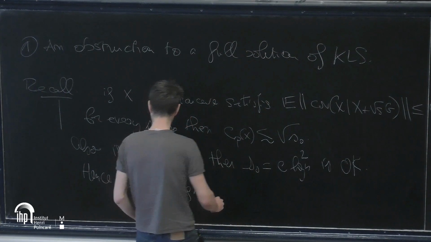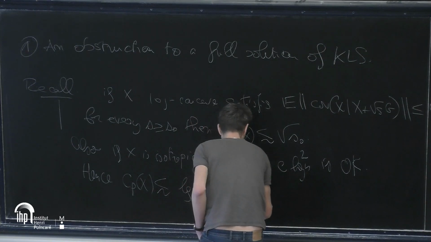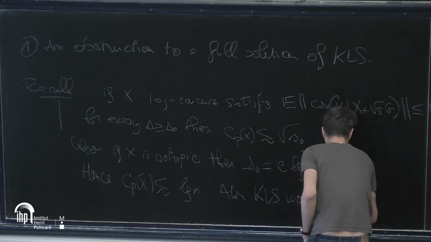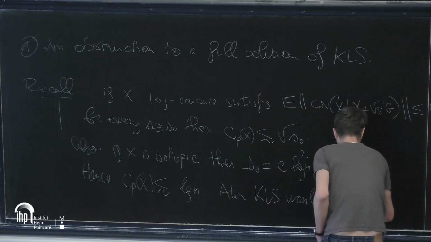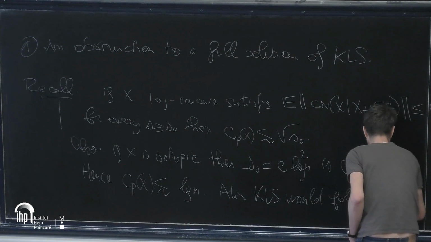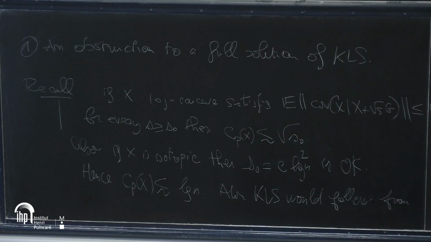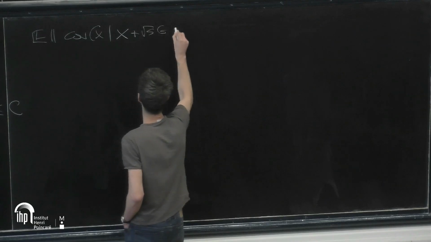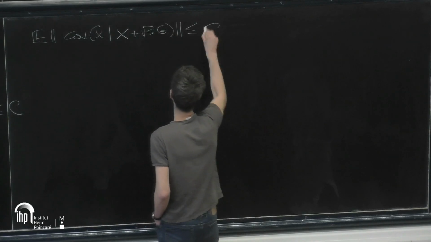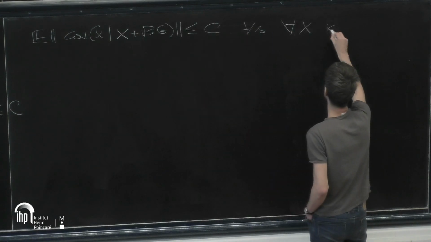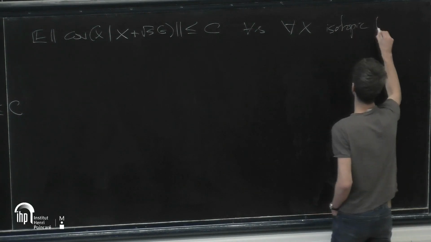But this also shows that KLS would follow from the following statement: for every s, for every x isotropic log concave.